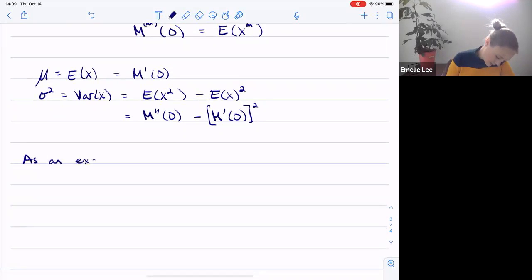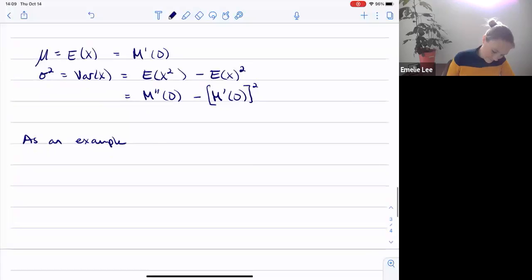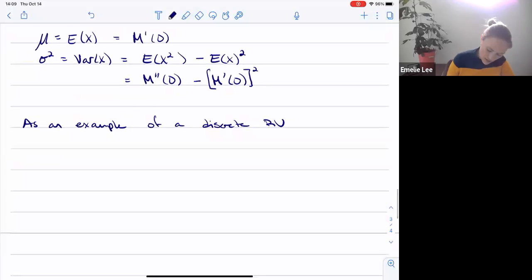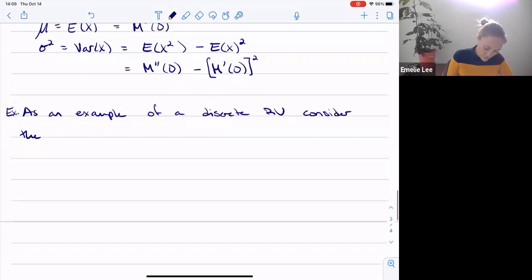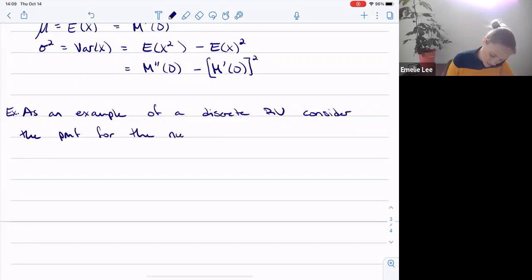As an example of a discrete random variable, consider the PMF for the number of heads on 3 coin flips.